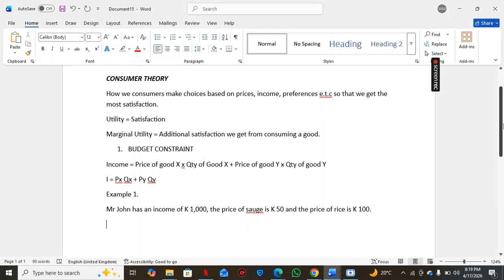Number one, construct a budget constraint equation. Write down the slope and interpret what it means.